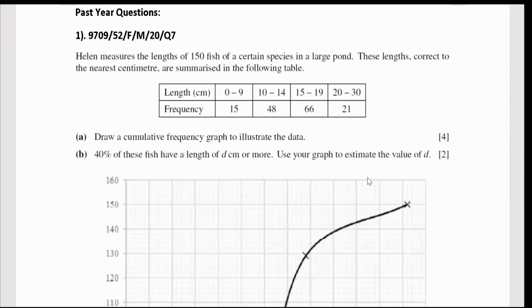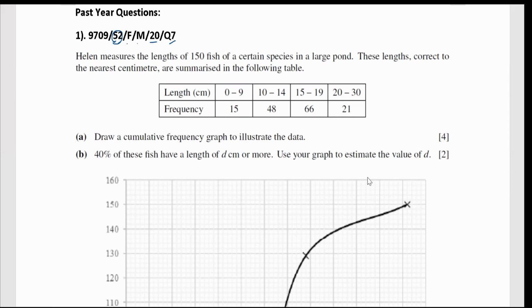This is the question from February-March 2020. Since 2020 onwards, the statistics paper will be called paper 5. So this is paper 5, variant 2, question 7. Helen measures the length of 150 fish of a certain species in a large pond.